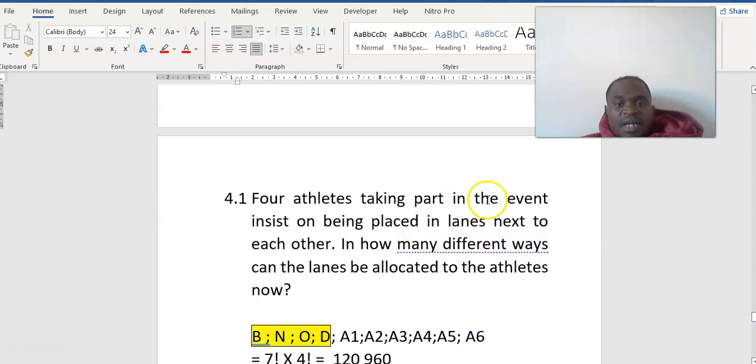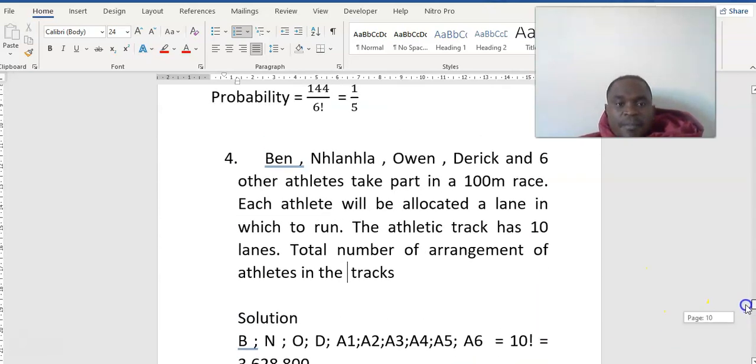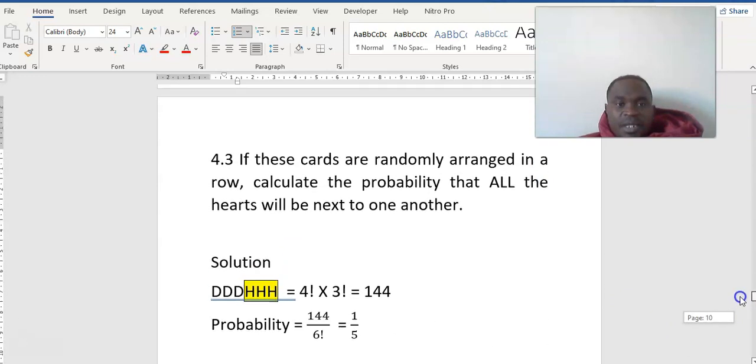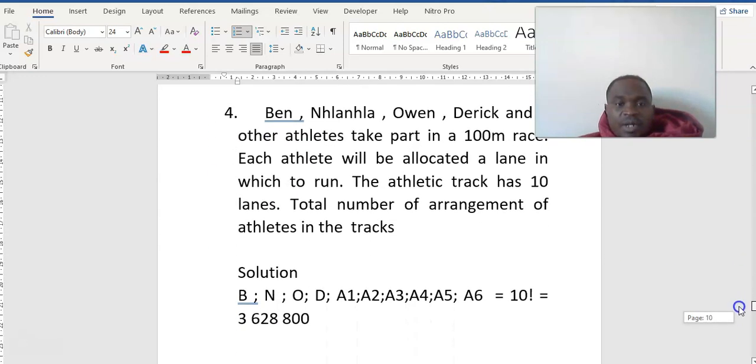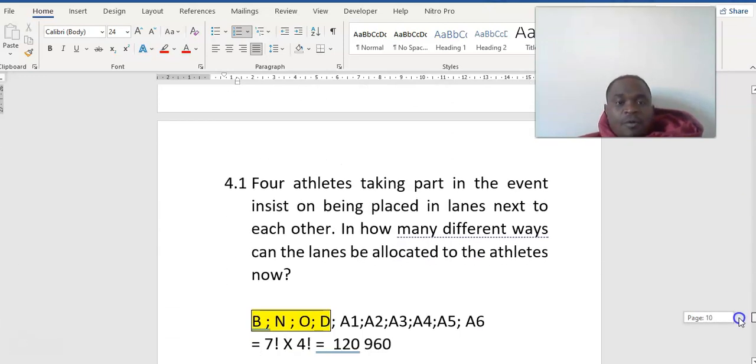4 athletes taking part in the event. Remember at the beginning we're talking about cards. Okay, now 4 athletes taking part in the event insist on being placed in lane next to each other.